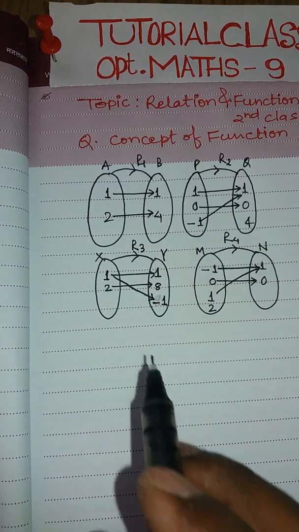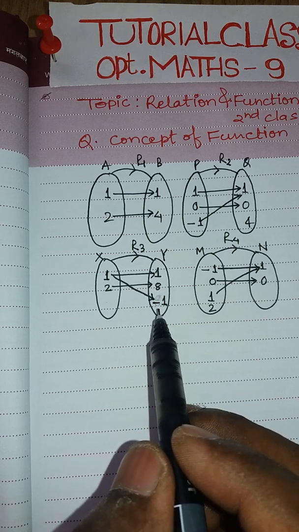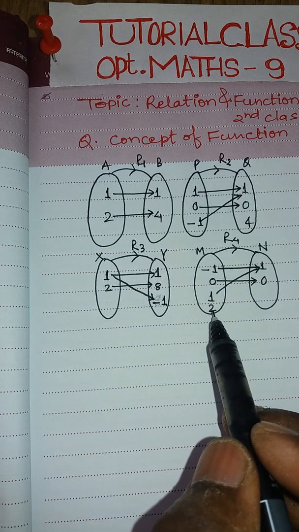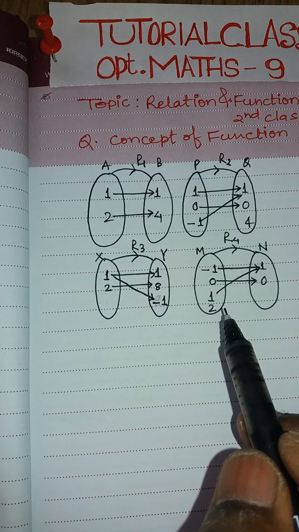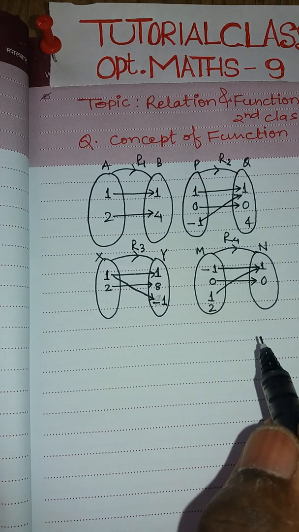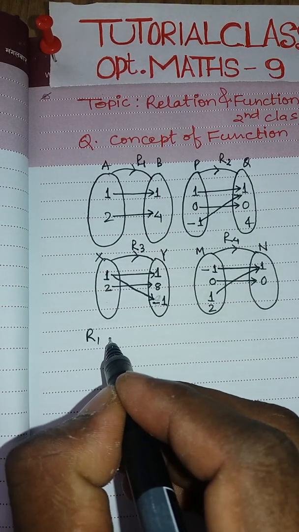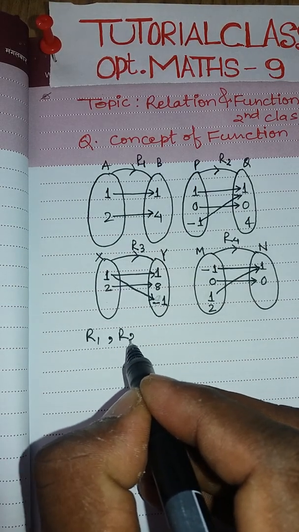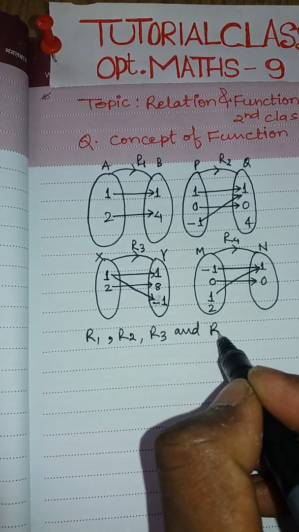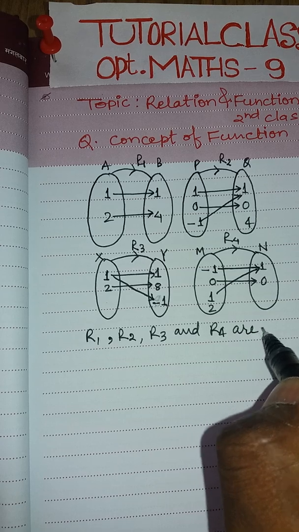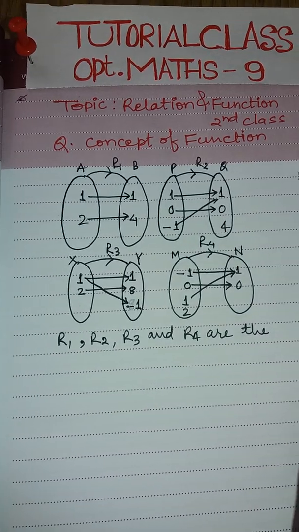Here in this relation, 1 is mapping with two different elements of the second set. Here in this relation, 2 is not mapping with any element of the second set. So strongly we can write here R1, R2, R3 and R4 are relations.